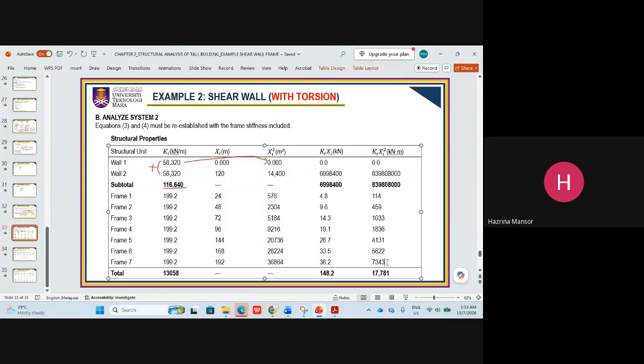Okay, this one is correct. And the last one, just double confirm. 199.2 times 36864 divided by 1000. 7343.